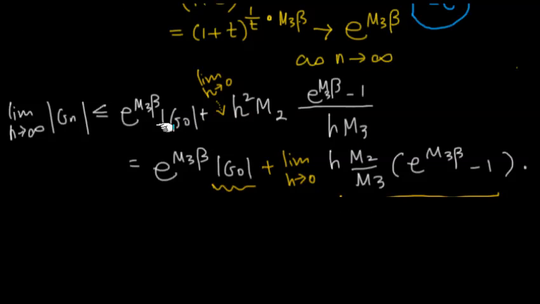Here it is. I kept this first term exactly as it is, and the h and h cancel, so we have only one copy of h, and this m2 and m3 is just a constant, and this is another constant, an exponential. So the only thing that varies as h approaches 0 or n approaches infinity is this h part. So this part becomes 0.